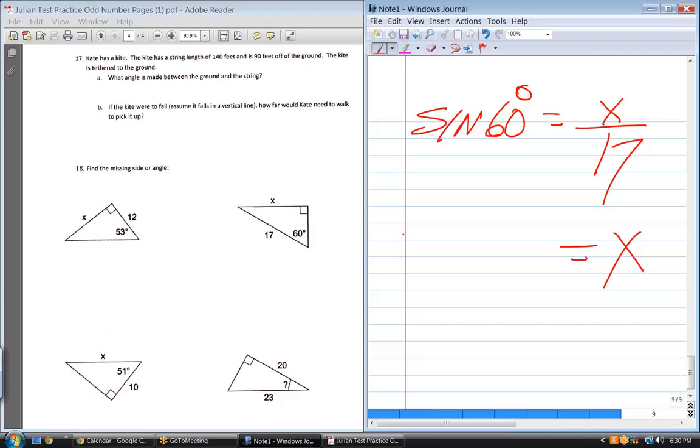You said that like you believed it, not like you were questioning it. You know what I'm saying? And that's what you need, is you need confidence on these. You need to know what you know. So x is equal to 14.7. 17 times the sine of 60 degrees, and that sounds about right, 14.7. Okay.